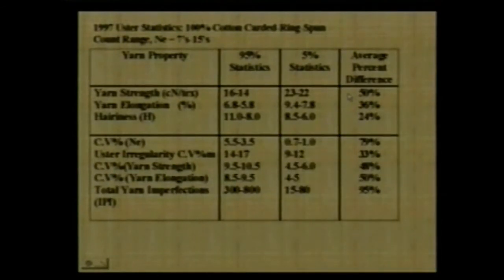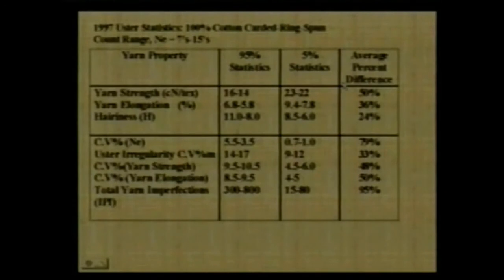Take a look at this. This is a simple table that summarizes for you the 5% user statistics and the 95% user statistics. This table is showing us that for carded ring spun 100% cotton yarn of count range from 7 to 15 English count, there is quite a gap between the top 5% companies in the world and the rest of the world.